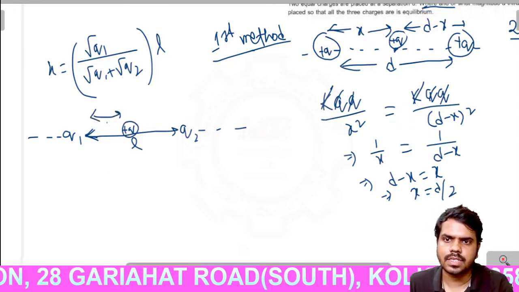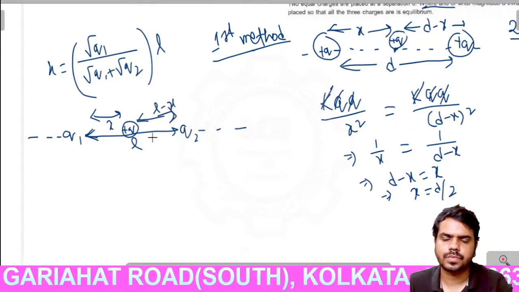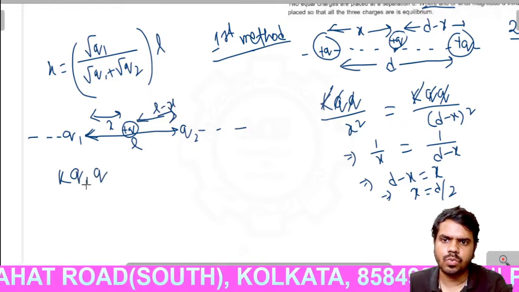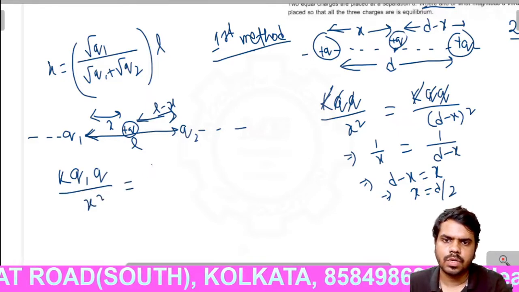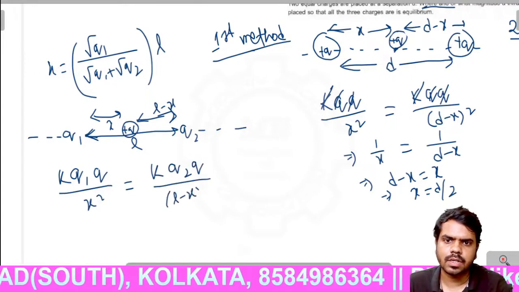This length is x and this length is L minus x. So k q1 into q by x square is equal to k q2 into q by L minus x square.